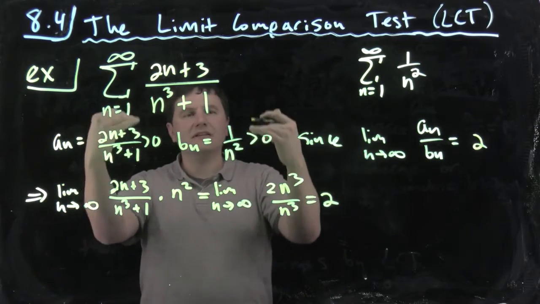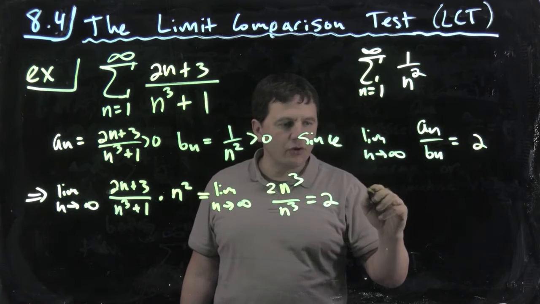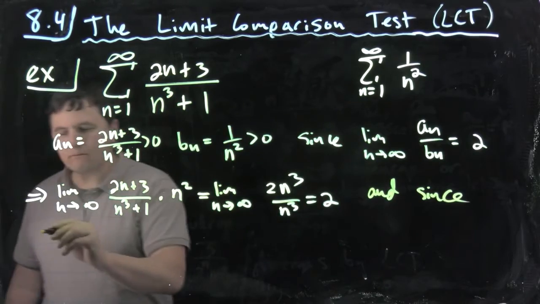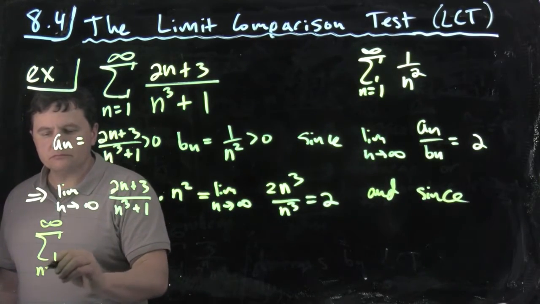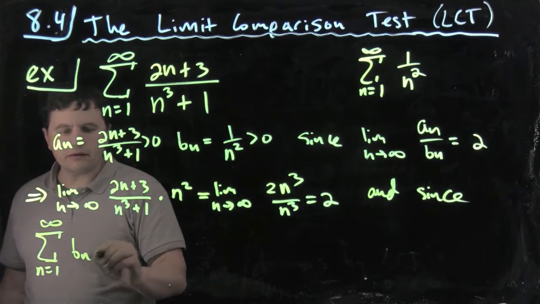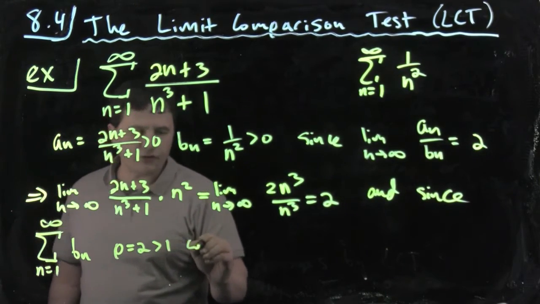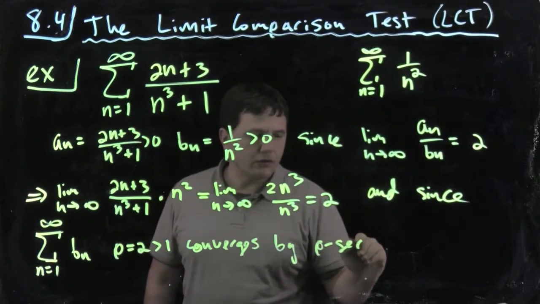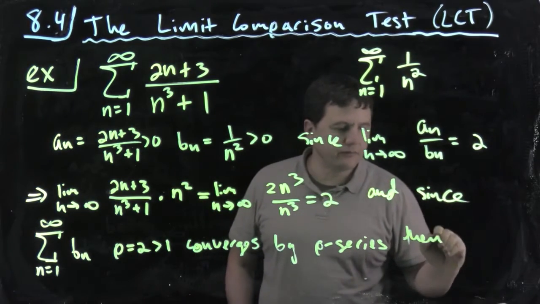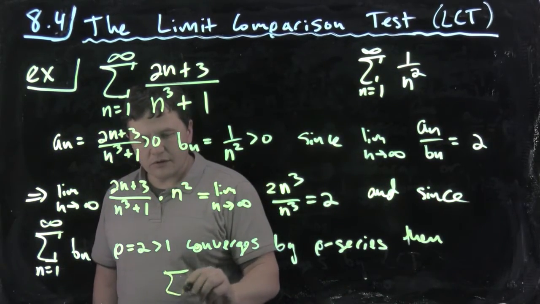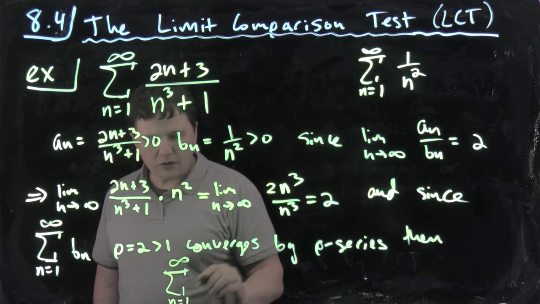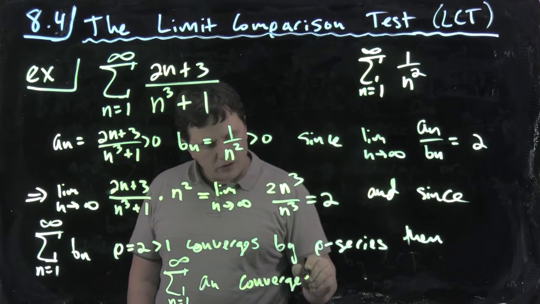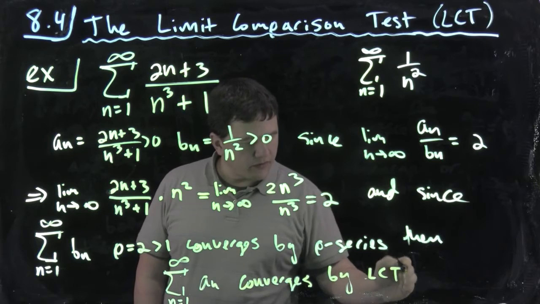So now we sort of tie these together. So we have that they, for large numbers, are going to act very similar. And since the series b sub n, p equals 2 is greater than 1, converges by p-series, then our series that we are interested in converges by limit comparison test.